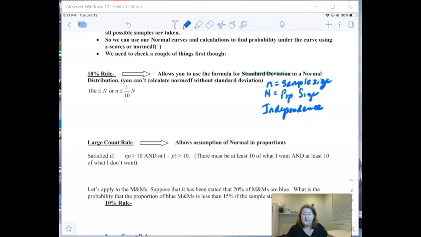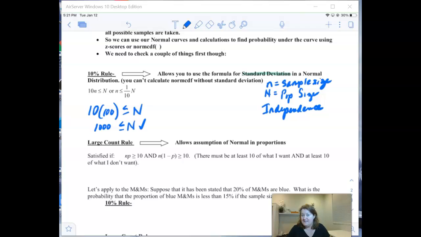Okay, so in our case, if our scoop size was 100, let's go check that. If I put in 10 times 100, is that less than or equal to, I don't know how many M&Ms there are in the universe. So in this form of the equation, the numbers are all together. That's great. Okay, so I have 1,000 is less than or equal to the population size. Can we agree that there are more than 1,000 M&Ms in the universe?